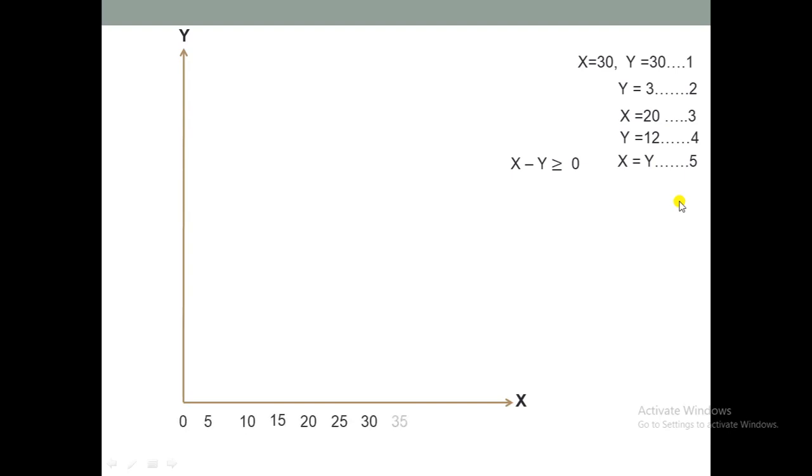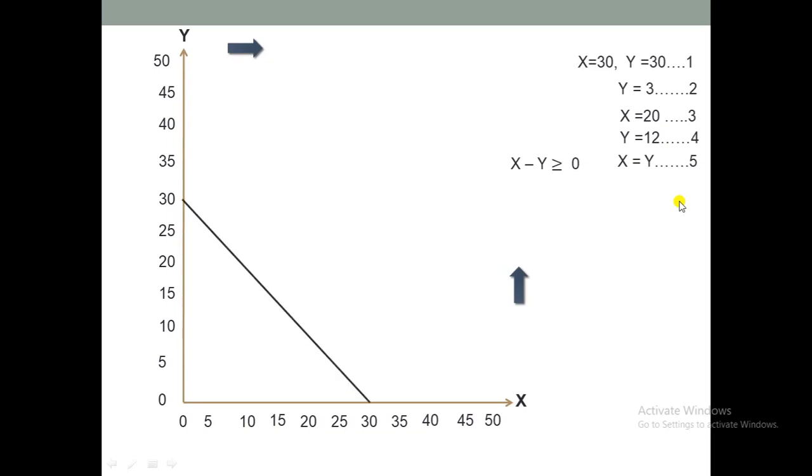So 0, 5, 10, 15, 20, 25, 30, 35, 40, and 50, we have taken in steps of 5. Similarly on the y-axis we have taken up to 50. Each problem will have its solution in the first quadrant only, so it is going to be in the first quadrant. So let's take the first coordinate, x 30, y 30.